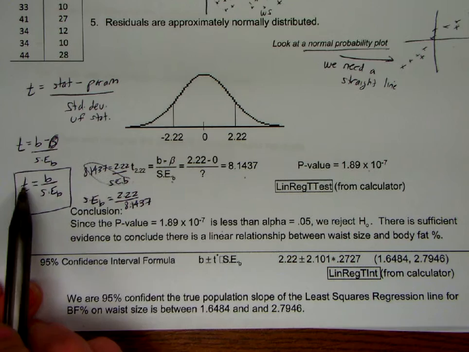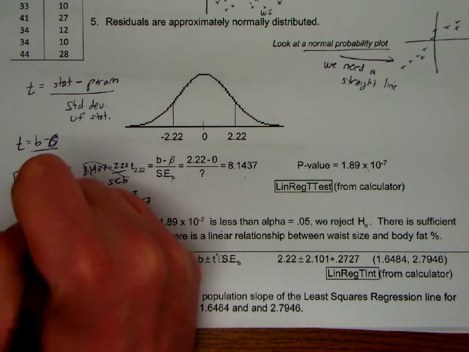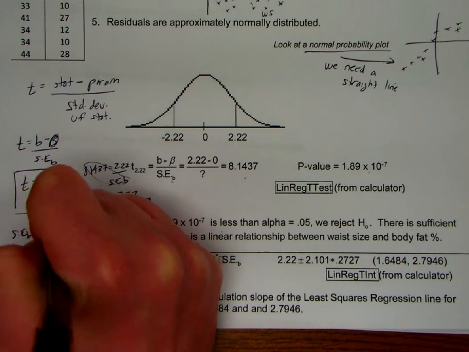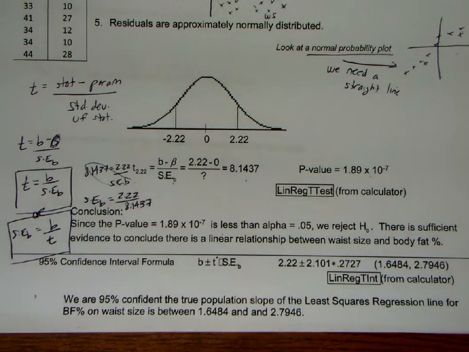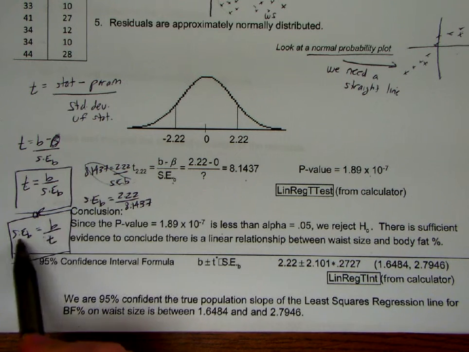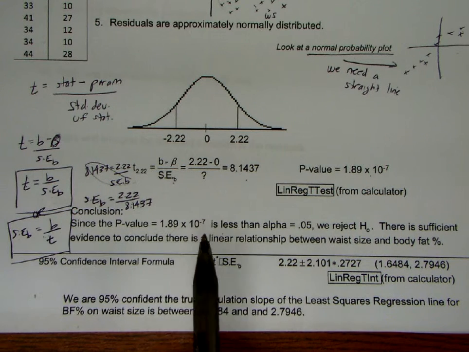So t is equal to b over standard error, or you can say standard error is equal to b over t. Okay, you need to know this. Standard error is b over t. These essentially just switch places.